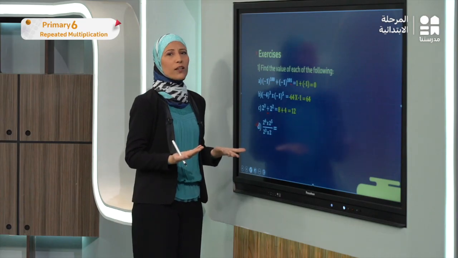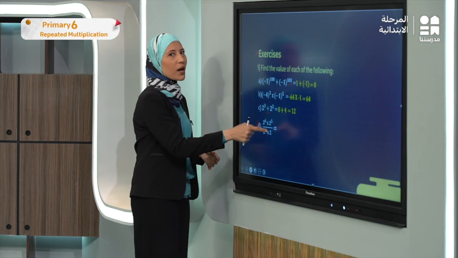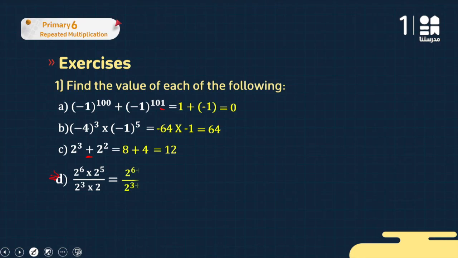Where does the 1 come from? It is here, but I am not writing it. So it will be 2 to the power of 11 divided by 2 to the power of 4.